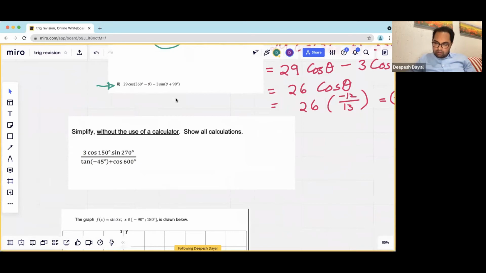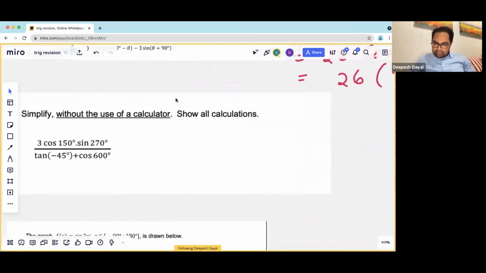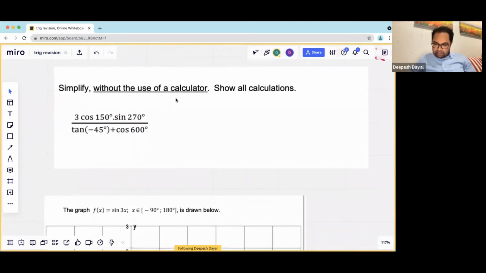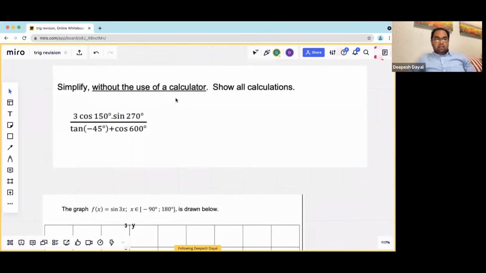Simplify without the use of a calculator and show all calculations. So we're going to do the special angles here. Let's try that out.